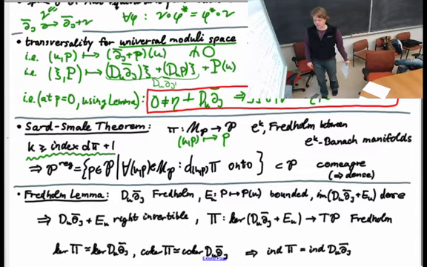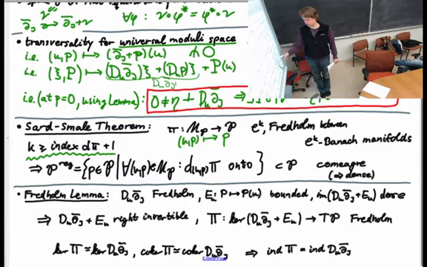The official phrasing of the Sard-Smale theorem is that the regular values are actually comeager, and that's a notion in metric spaces that implies density. So, in complete metric spaces that implies density.